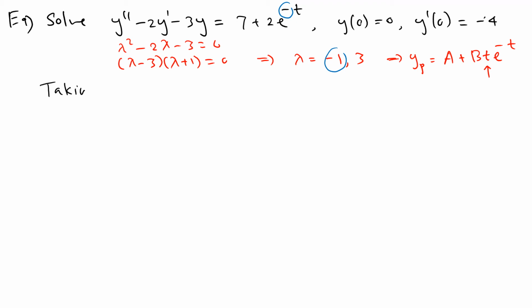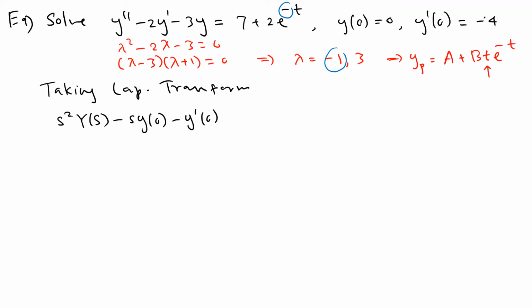Taking the Laplace transform, we get s squared Y(s) minus s y(0) minus y prime (0), and then minus 2 times s Y(s) minus y(0), and then minus 3 times Y(s). That's what you get.